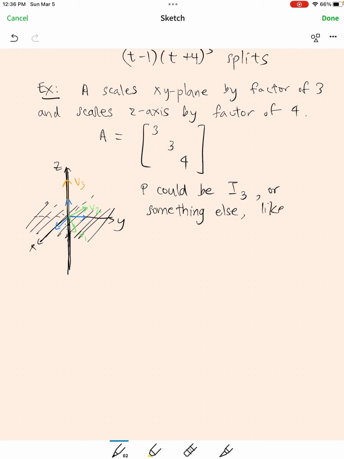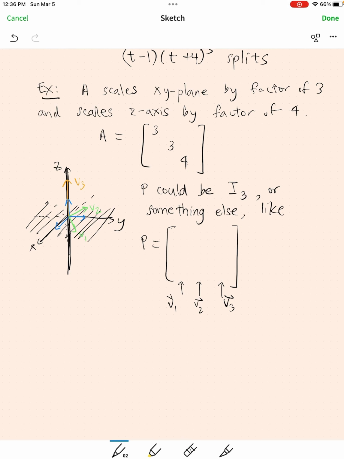I need the first two vectors to be eigenvectors with eigenvalue 3, and then the third one needs to be an eigenvector with eigenvalue 4 because of the way I wrote 3, 3, and 4.